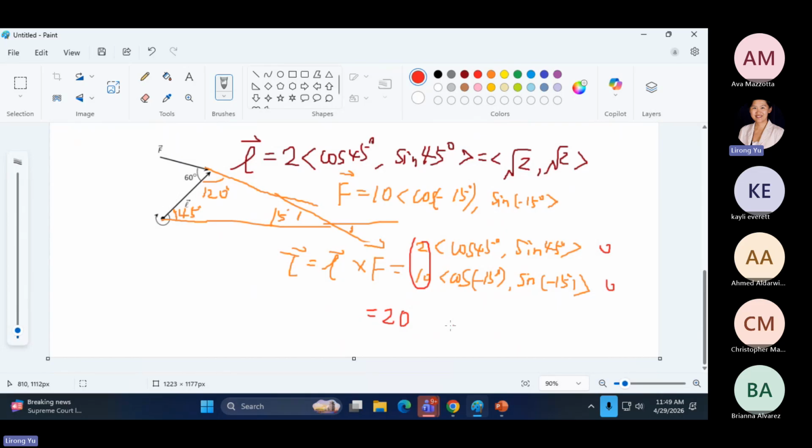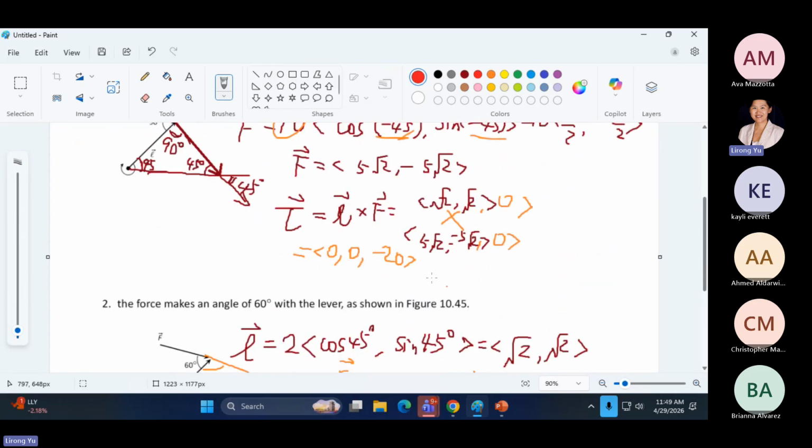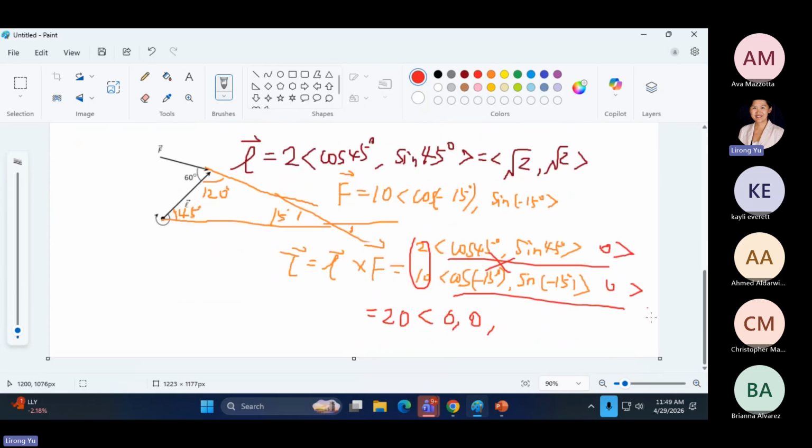All right, and then in the calculation, this is 0, and we are making this into a three-dimensional vector, and then you're going to cross multiply, right? So 0, 0. The first two components are 0. The last component is a non-zero one.